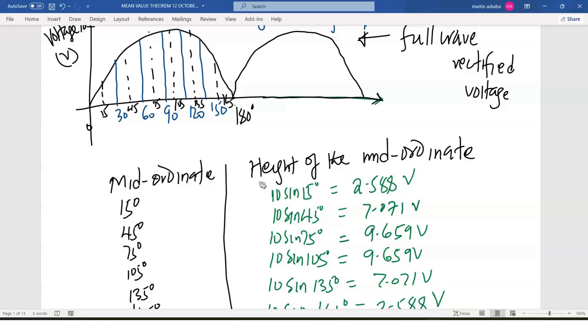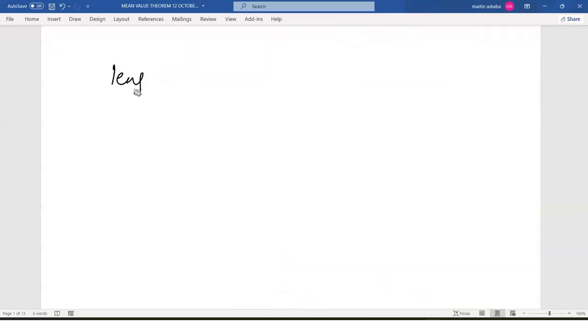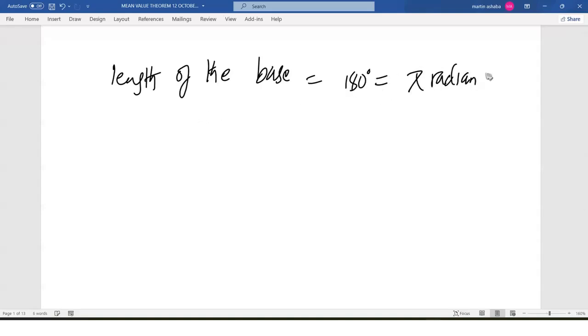The length of the base is 180 degrees, which is the same as pi radians.